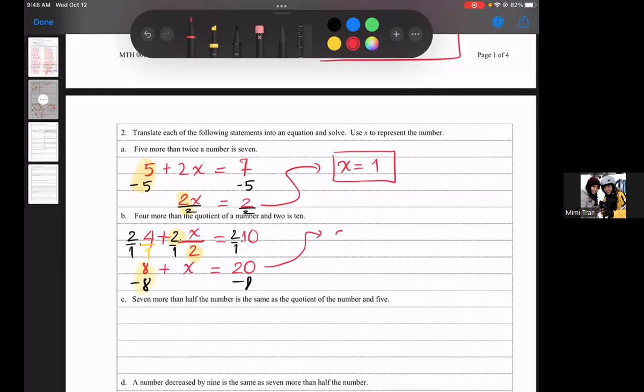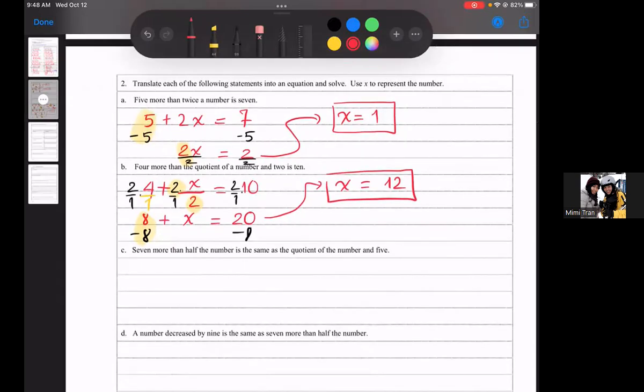So X equals 12. How many people got 12? Or how many people got the right equation in the first place? Very good. If we start rearranging it a different way, does that make a difference? How would you do it? Like I pretty much did X over 2 plus 4 equals 10? That's fine. It's the same. Yeah, plus, I don't care.